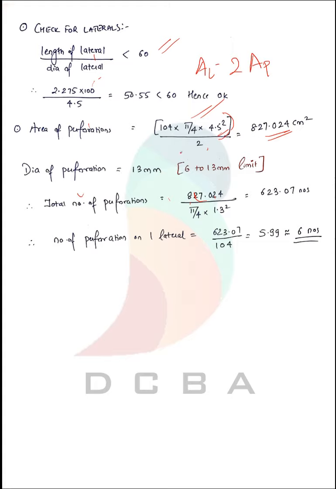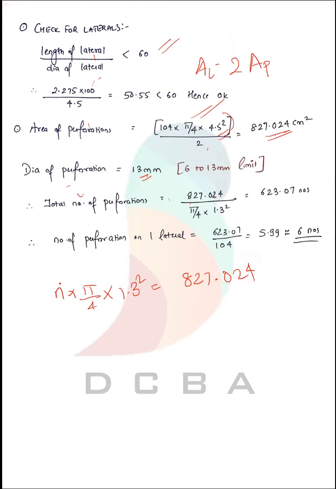Assuming the diameter of perforation to be 13 mm, the range or the limit is 6 to 13 mm, also covered in the theory before. Total number of perforations is this area. Now this total number n into pi by 4 into 1.3 square, this is 13 mm, which is 1.3 centimeter, square, is equal to 827.024.